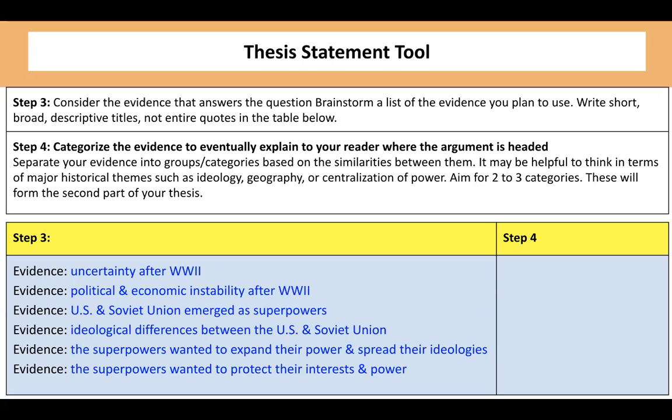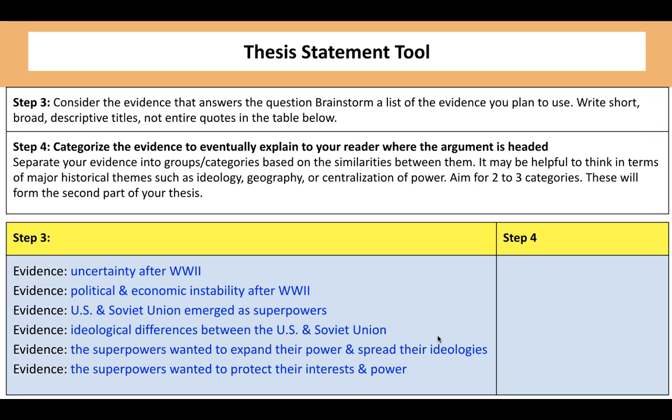And some of that was because of ideological differences between the US and the Soviet Union. I will definitely talk in my essay about the conflicting ideas of capitalism and communism and how they really caused conflict and potential proxy wars. We also have the fact that the superpowers wanted to expand their power.